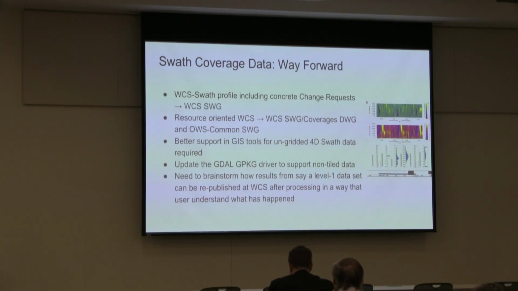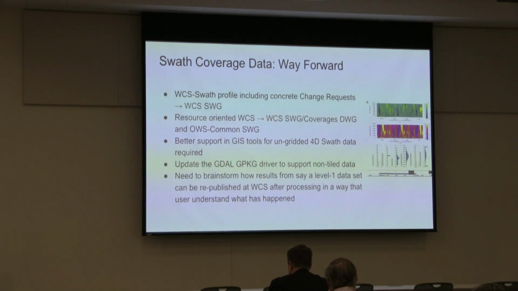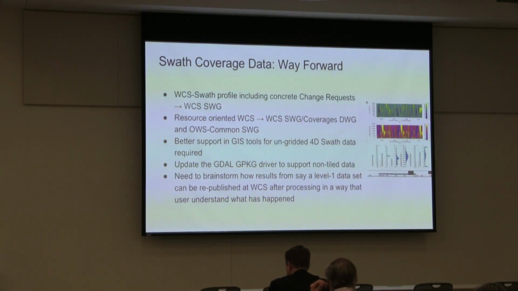Once we have tools that allow processing of that low-level SWOT data, there are some mechanisms I think should be explored that allow republication of this new SWOT data into new WCSs, including maybe all the necessary metadata to understand what processing was applied.